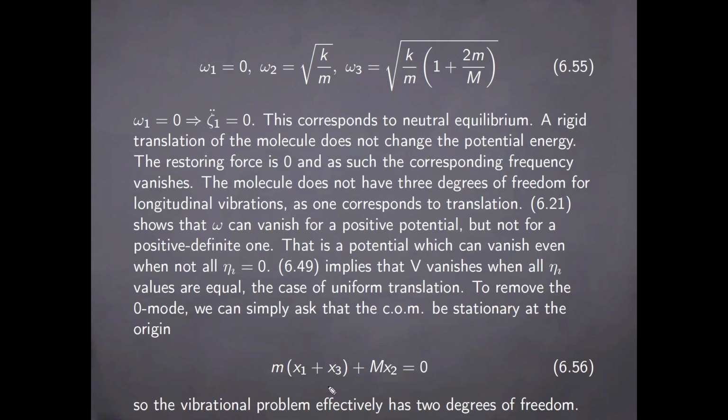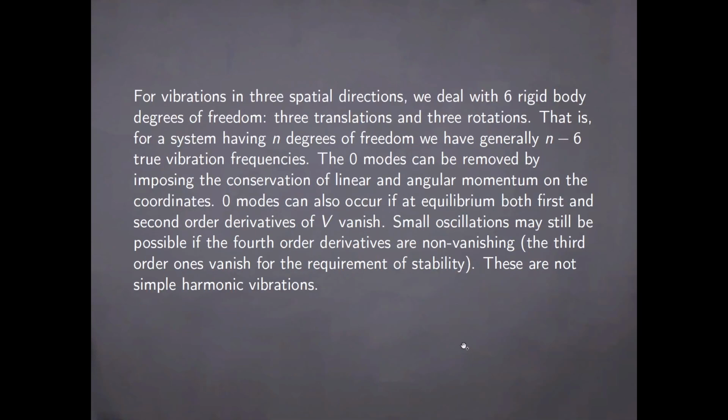So if we want the radius vector of the center of mass to have a constant value, which in this case is 0, then we remove the translational mode from the discussion, and the vibrational problem effectively is reduced to one of 2 degrees of freedom.